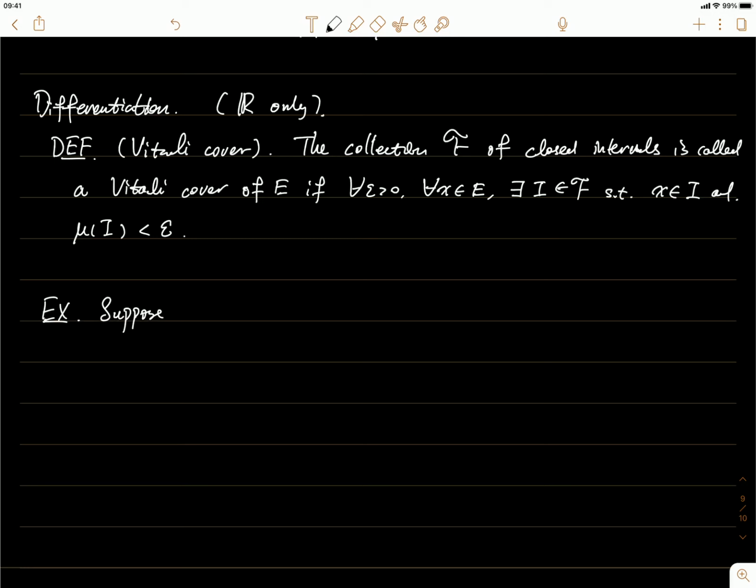Suppose E is the closed interval [a,b] in R. Let r_k be the countably many points which are the rational numbers in the interval. And I_{k,m} is the closed interval centered at r_k with radius 1 over m.